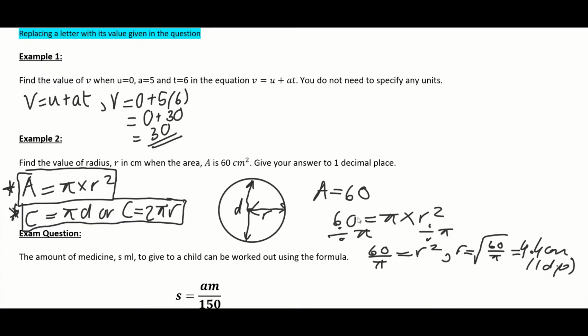Then we divided by pi on both sides because we want r squared. So 60 divided by pi equals r squared, which is r times r. You want to undo that. The only way to undo that is to square root both sides. And if you square root both sides, you get r equals the square root of 60 over pi, which is 4.4 centimeters to 1 decimal place. Yep, we're good to go.